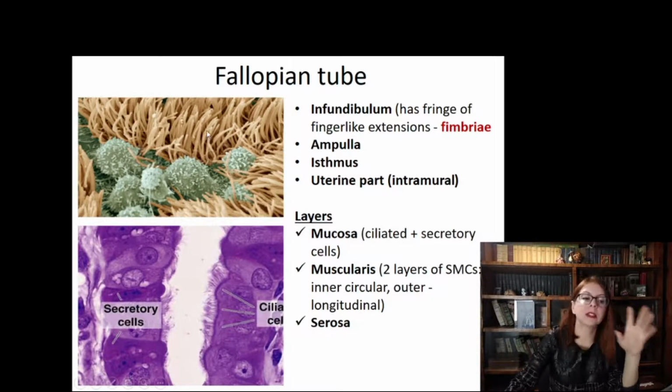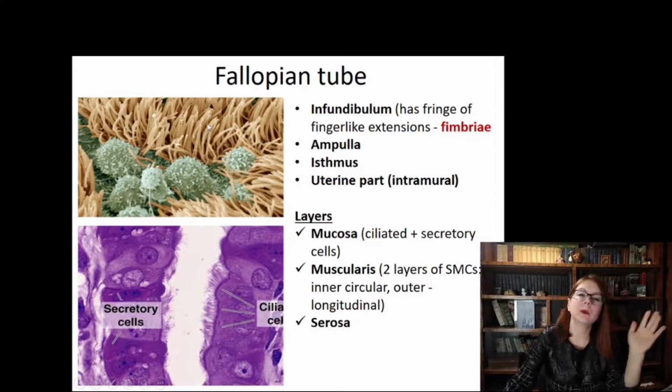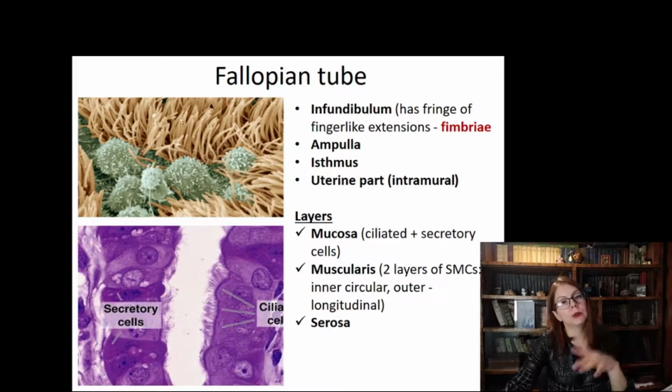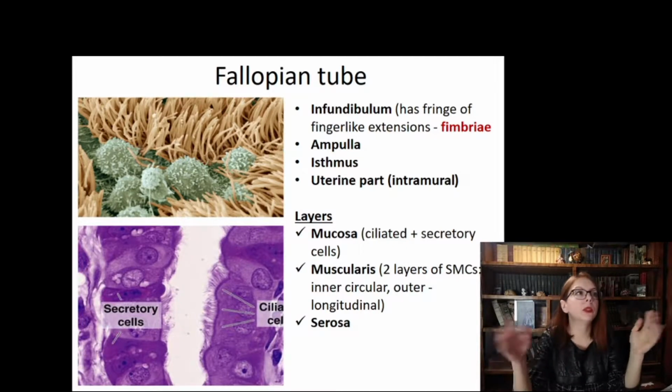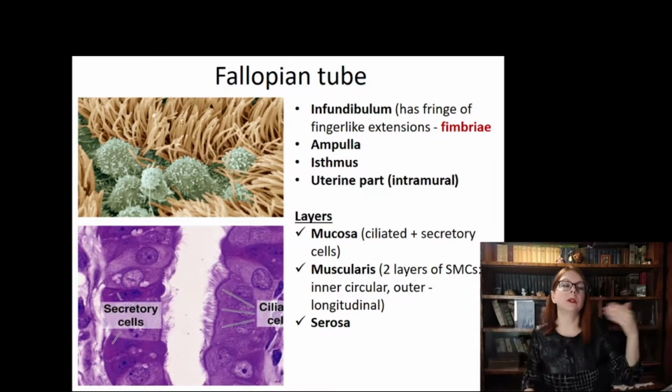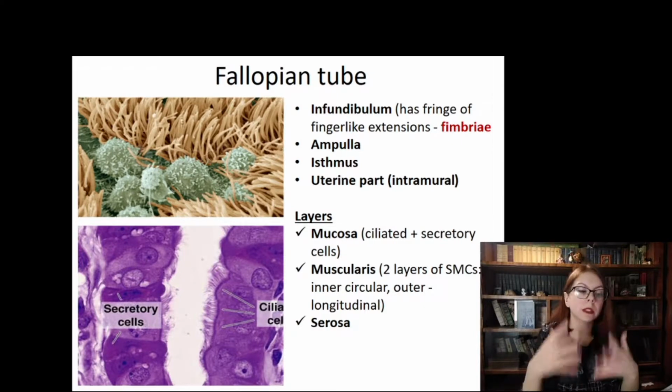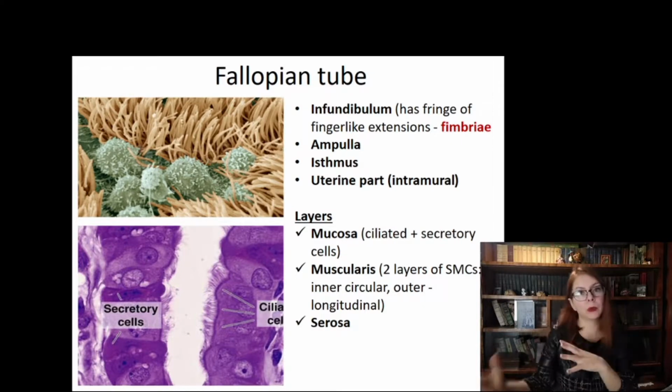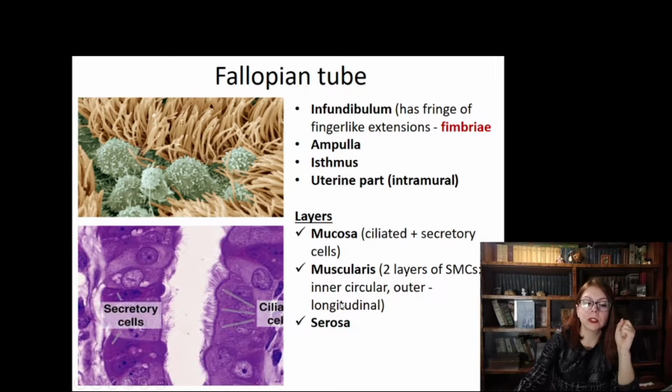The ciliated cells are very important, as their sweeping motion helps to transport the oocyte to the uterus, either fertilized or not. So the oocyte is devoid of any organelles for movement. It doesn't have either a tail or cilia itself, so it is passively moved by fallopian tube cilia. Another factor helping to transport the oocyte is the peristaltic contraction of the muscularis.